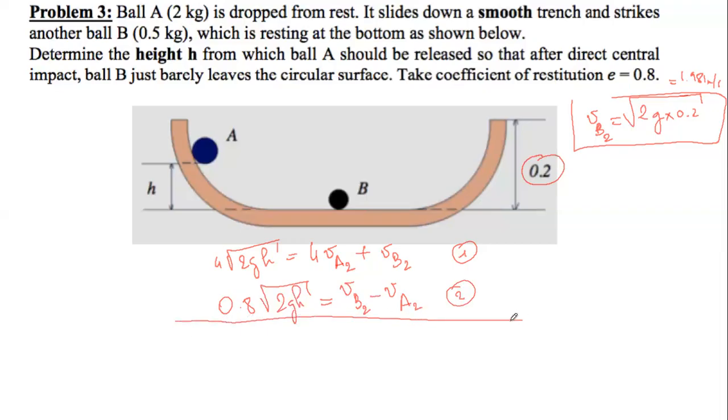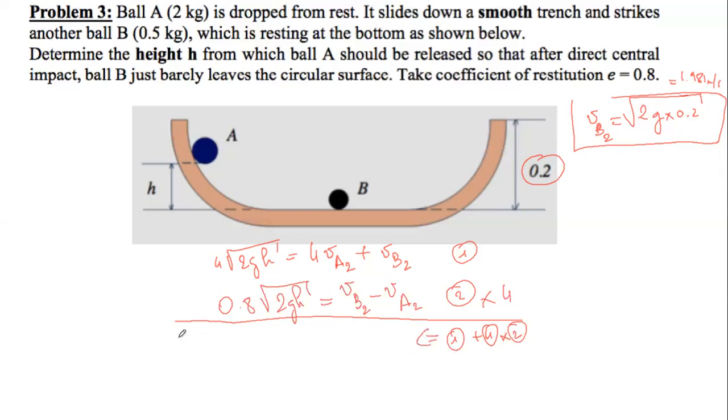Okay. Now let's say, for instance, I want to get rid of VA2. So I will say equation 1 plus 4 times equation 2. So I take equation 2, I multiply by 4, and I add up.